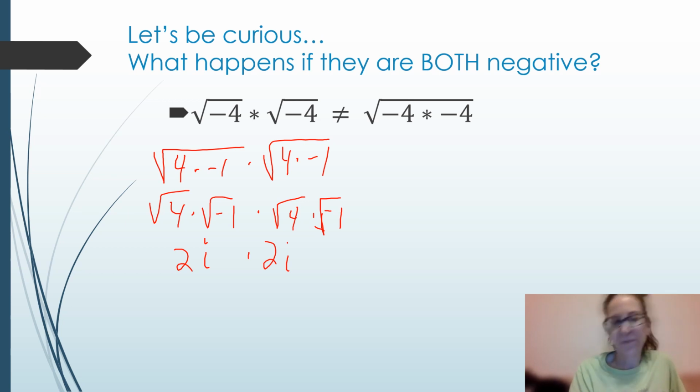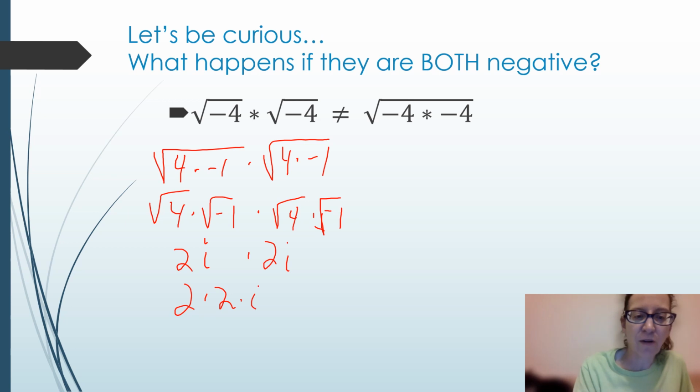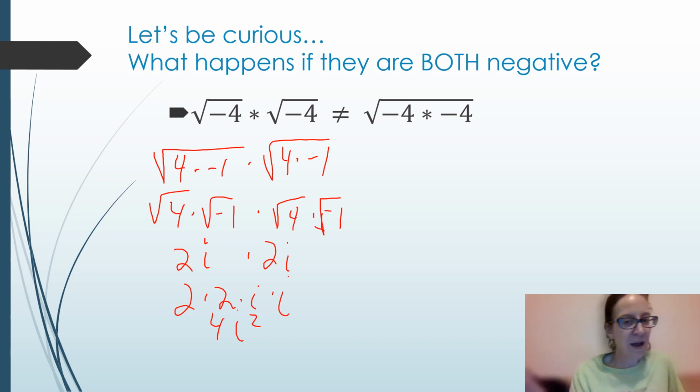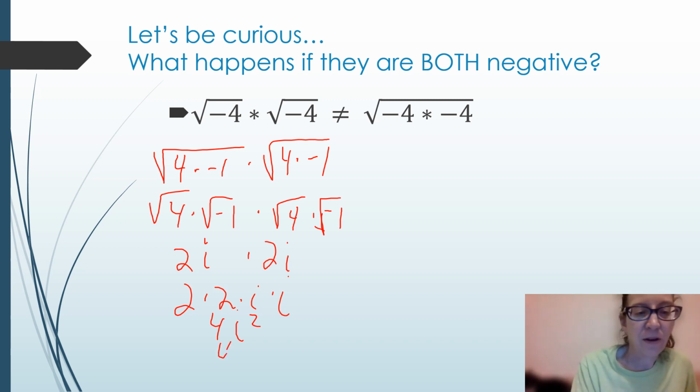So far, so good. Remember, multiplication is commutative, so you can change the order on that. 2 times 2 is 4, and i times i is i squared. But if you think back, it's actually a couple units now. What does i squared equal? Well, i squared is equal to -1, and we get -4.